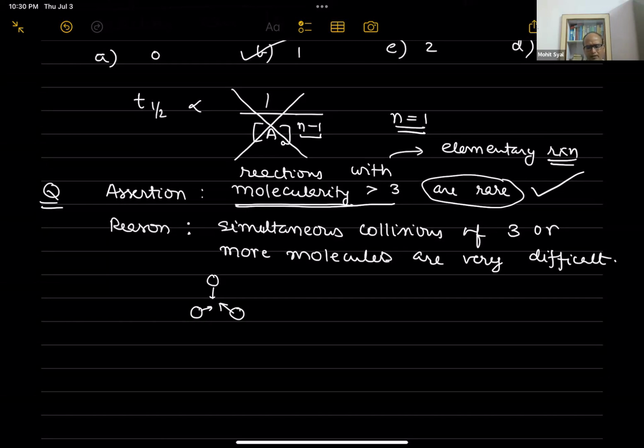More than 3 molecules or 4 molecules at a time, it is very difficult. So this is correct, and the reason is also explaining it correctly. So I hope it is clear to everyone.